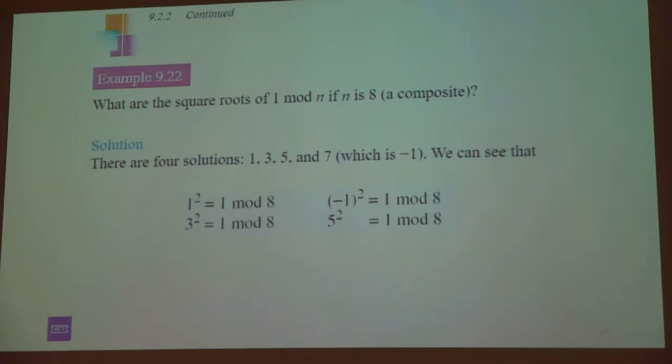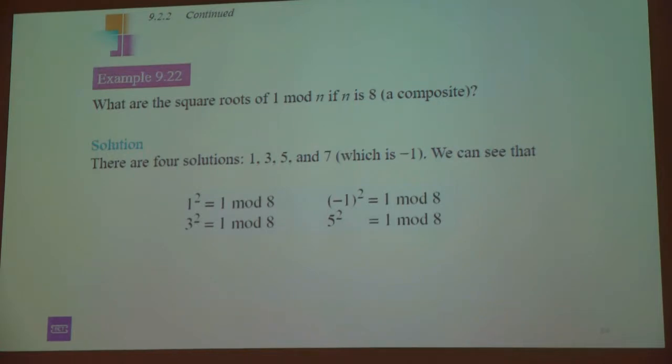What are the square roots of 1 mod n if n is 8? So for 8, you have to calculate the numbers coprime to 8. Is 8 a prime? No, right?